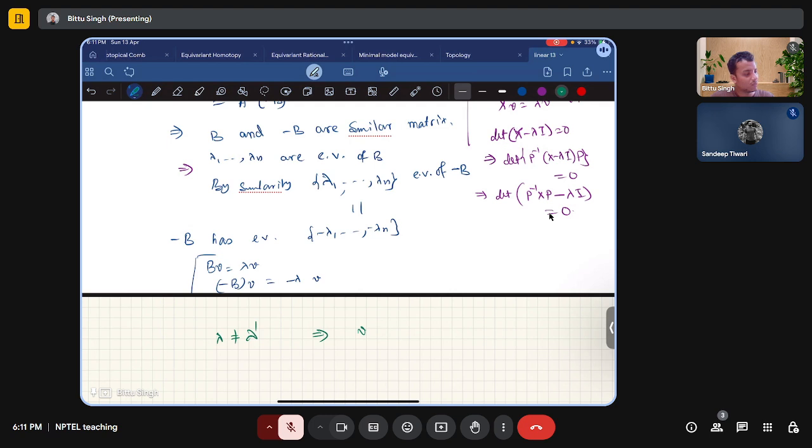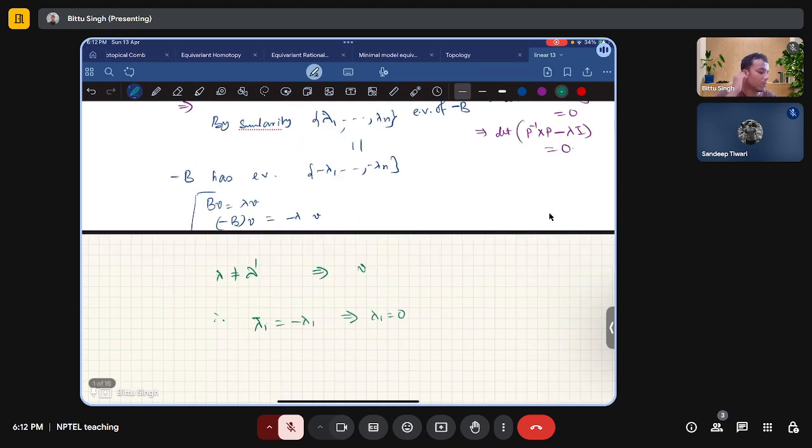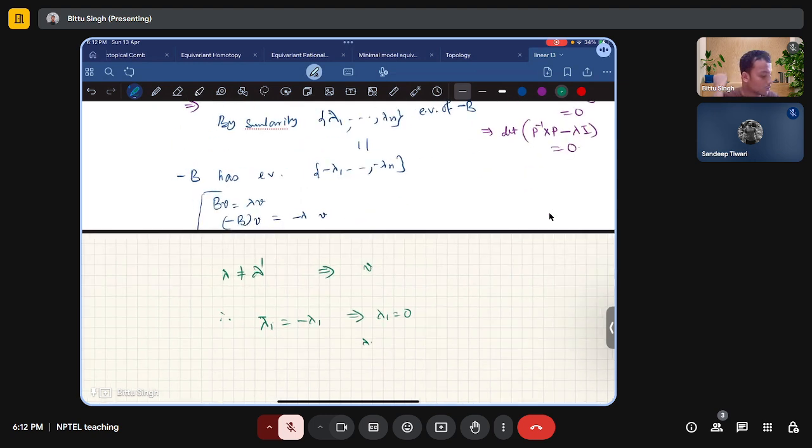So from here it is clear that corresponding to v we are getting lambda 1 as an eigenvalue of minus B, and corresponding to the same v we are getting minus lambda 1 as an eigenvalue of the same minus B. Both are the same. Therefore lambda 1 is the same as minus lambda 1, hence lambda 1 is 0. By the same property, we get all other lambda 2 up to lambda n are 0.